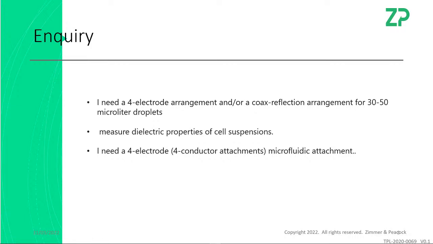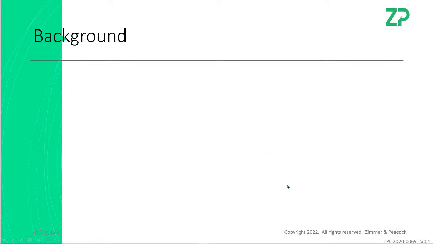And with that, when I read that, I kind of thought, okay, this sounds a bit like impedance spectroscopy. And I had another note that said that they were interested in microfluidic attachments. So I've been weaving this together, my understanding as we've gone along.